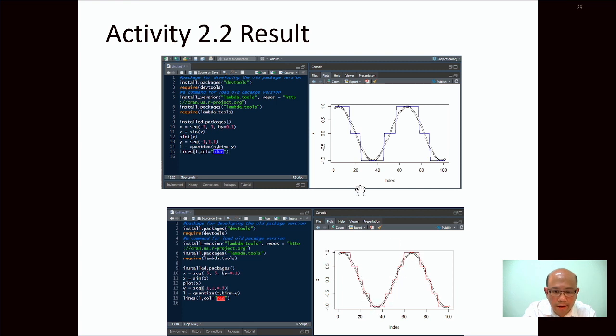When you compare the pictures, the blue wave and the red wave, the red wave is closer to the sine wave. That is because it has more quantization parameters.